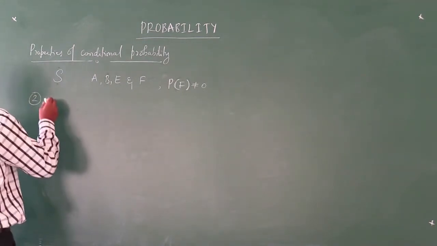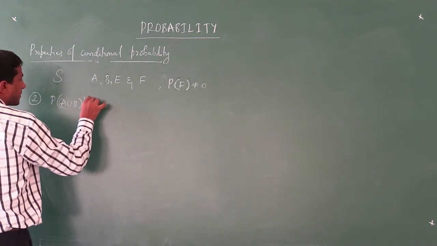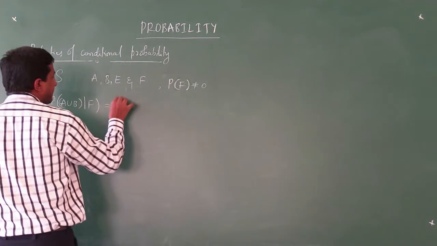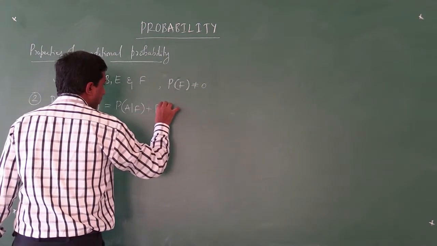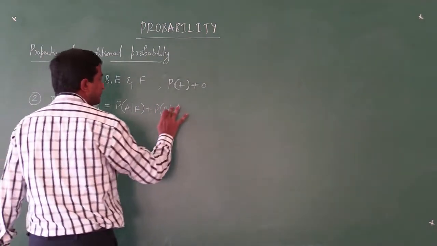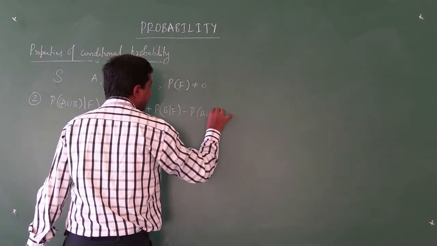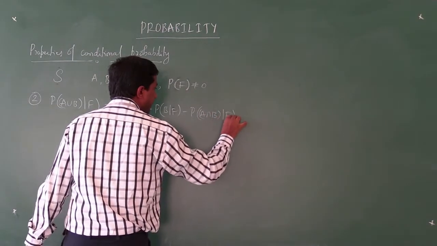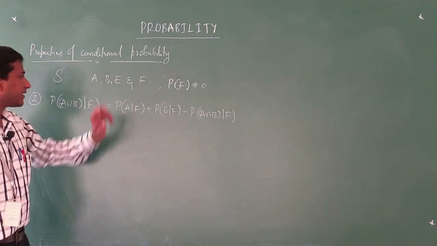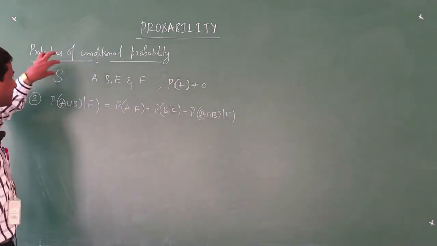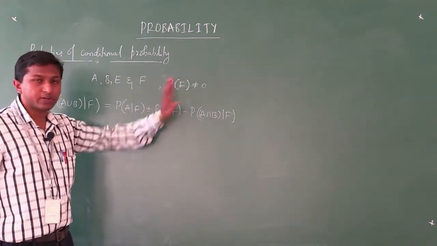Property number 2: P of A union B bar F equals P of A bar F plus P of B bar F minus P of A intersection B bar F. A, B, E and F are events of sample space S. One more condition we have, probability of F not equal to 0.